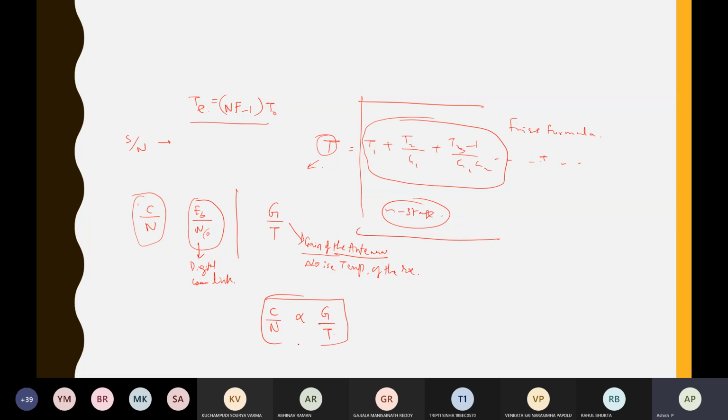So if you specify the G by T ratio of your link, then we can understand how good a quality link it is. This is just like the S by N ratio. If it's more, then we can say that we are confident about our design and the link will be stable. If the G by T ratio or the C by N ratio is less, then we cannot give any guarantee about our design. So these noise figure calculations are also part of this module 5.